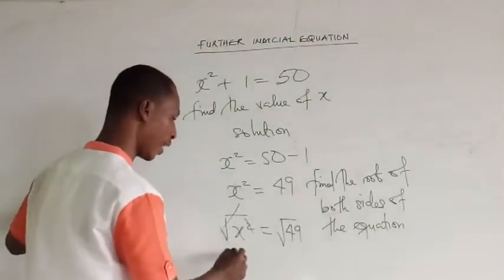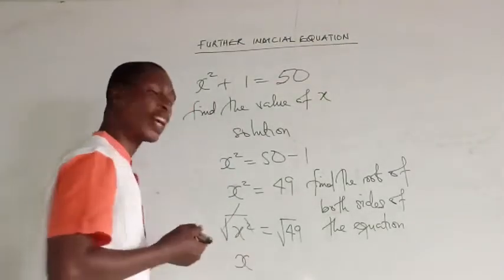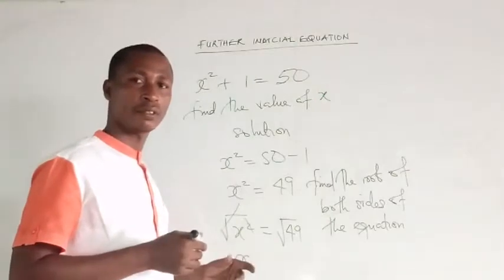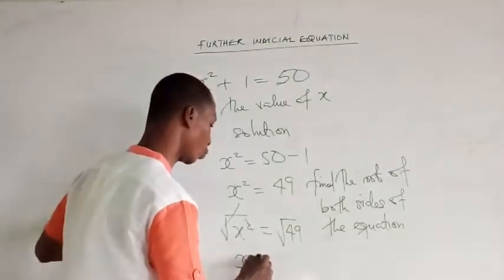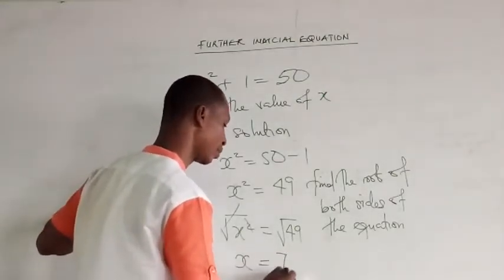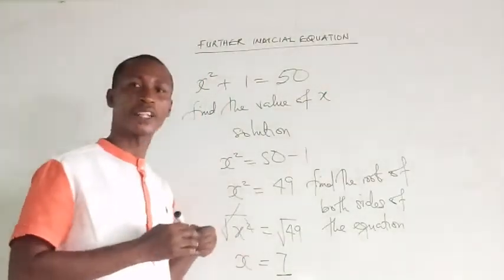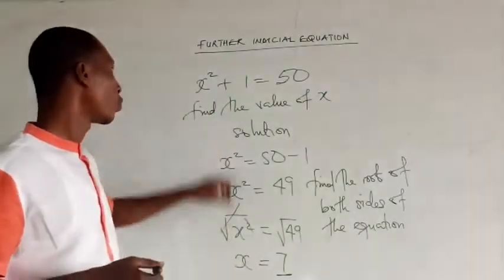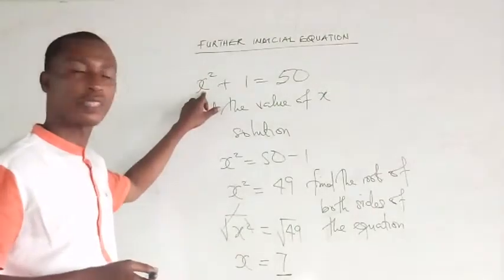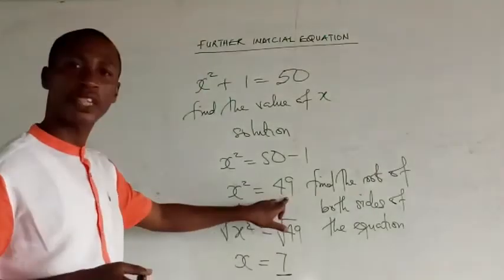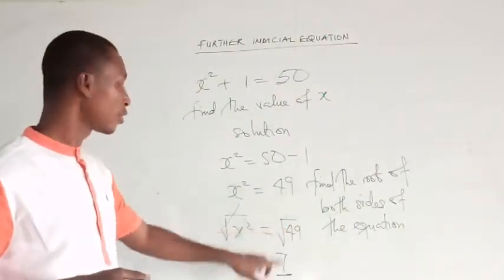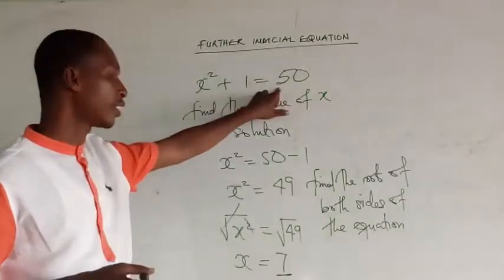So as I cancel, I will get x, and the root of 49 is equal to 7. So it means that x is 7. So 7 squared is 49. 49 plus 1 is equal to 50.